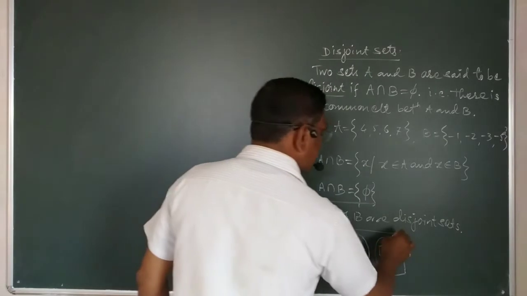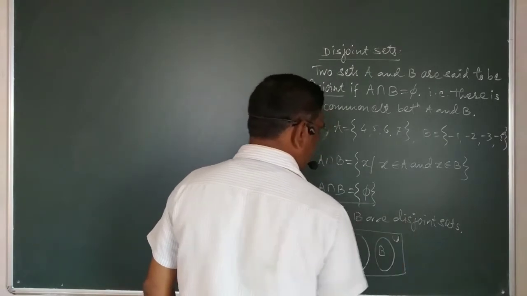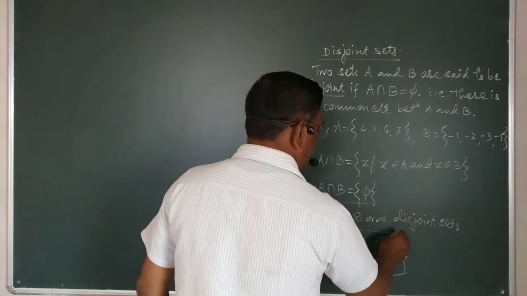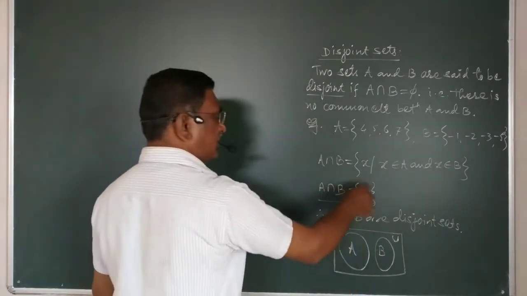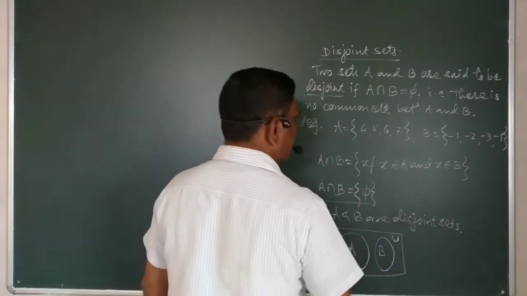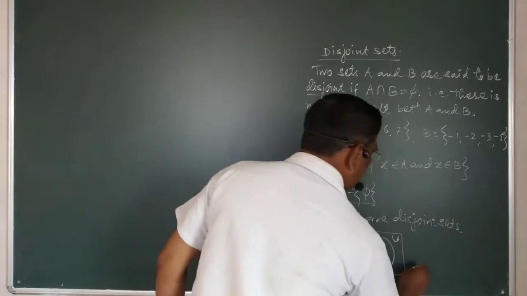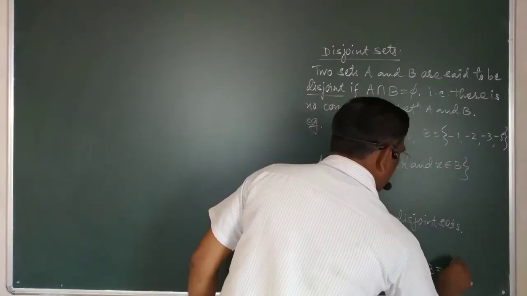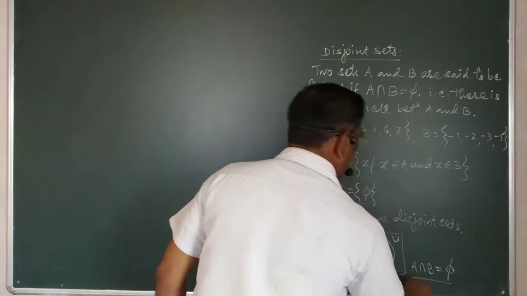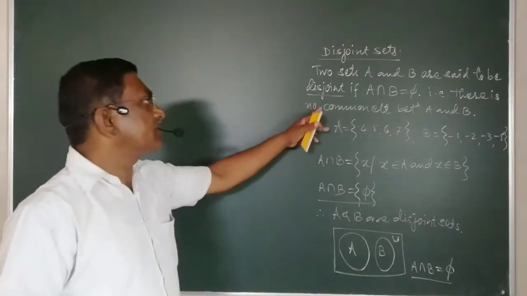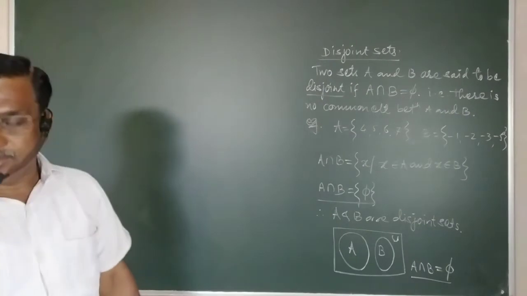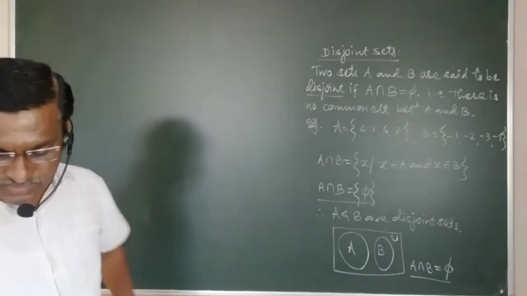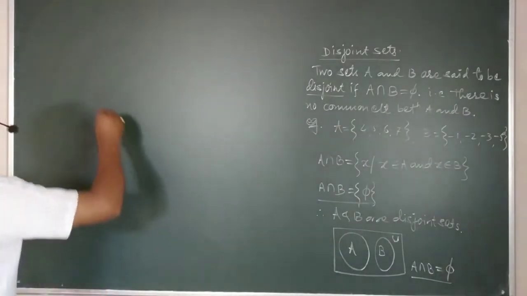This is the universal set U, and therefore the intersection is empty. A intersection B is equal to the empty set, which is nothing but the definition of disjoint sets.